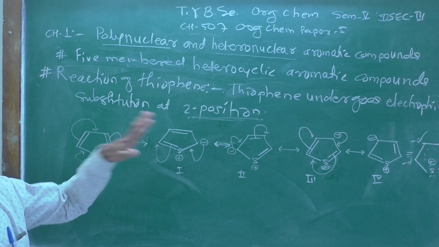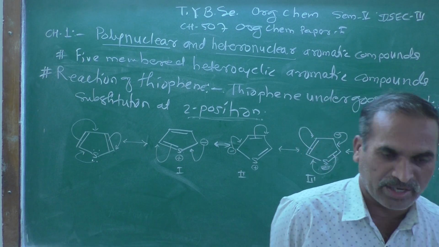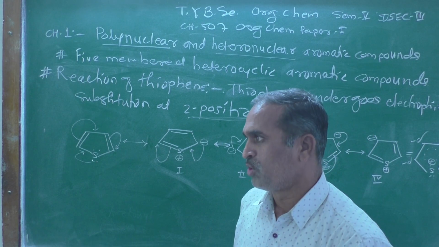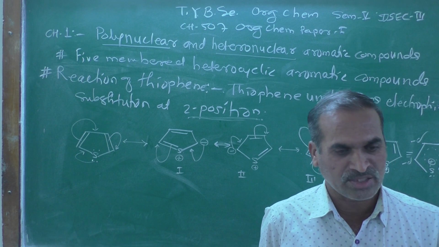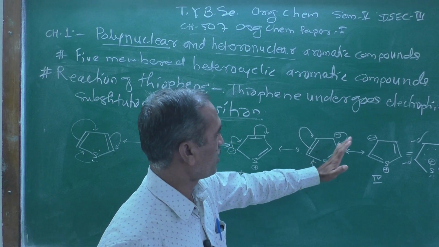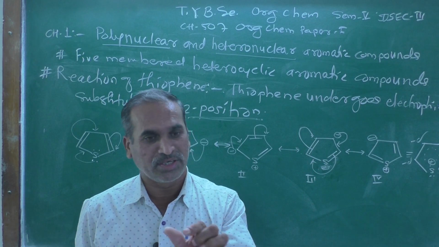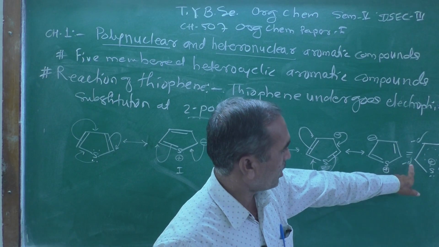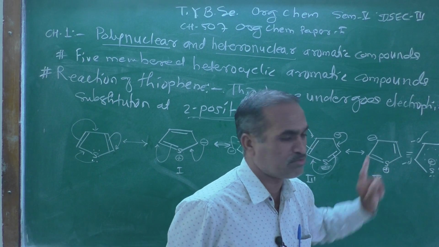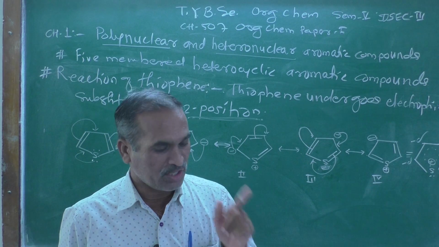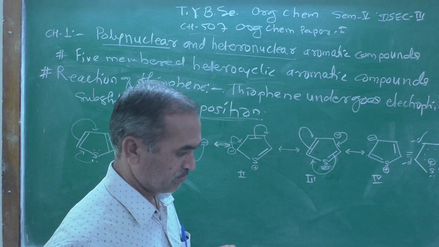Due to this reason, we can say this thiophene, the 5-membered ring, can undergo electrophilic substitution at C2 or C5 as well as C3 or C4. Look at here, partial negative charge is present on carbon number 2 as well as 5, and carbon number 3 as well as 4, and therefore there is a possibility of electrophilic substitution.